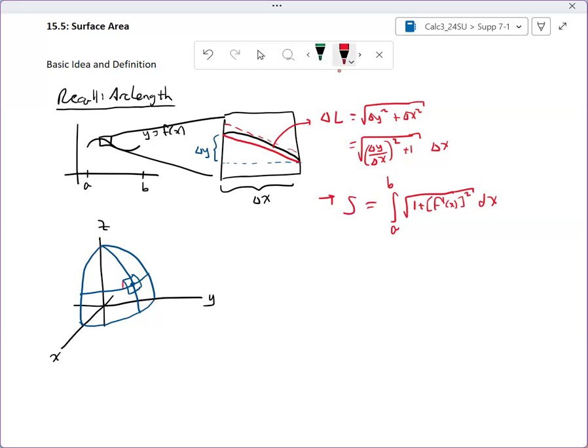And this chunk is going to be above a rectangular region in the XY plane, like that. So if I think about this little chunk of surface, it's going to be somewhat nonlinear.